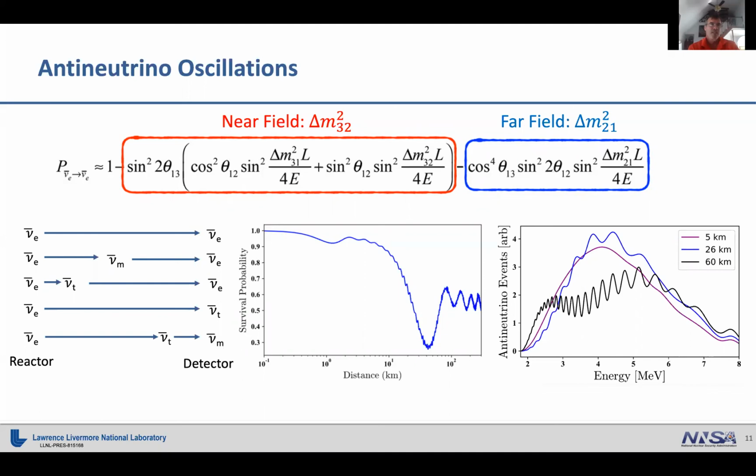Right. So when I say survival probability, what I'm saying is that if I had a beam of antineutrinos and I went, let's say, 50 kilometers away, which is close to this dip right here, I would see about 3/10 of the beam of antineutrinos if I had an electron type antineutrino detector, because those antineutrinos wouldn't have disappeared, but they would have turned into a different flavor of antineutrino.